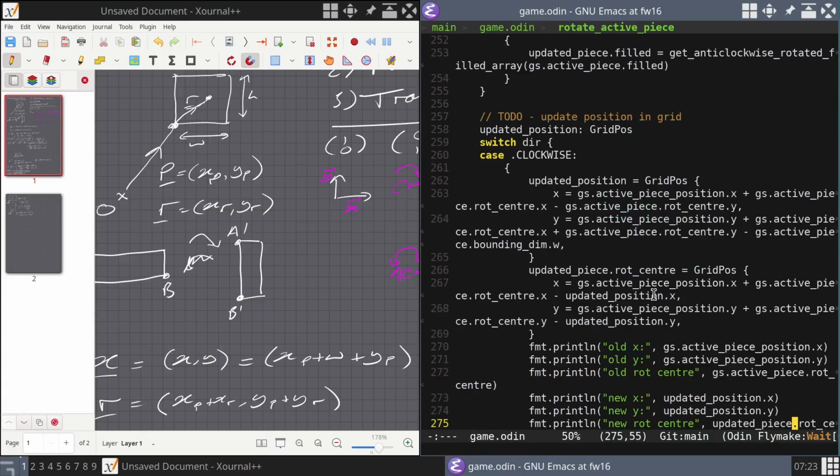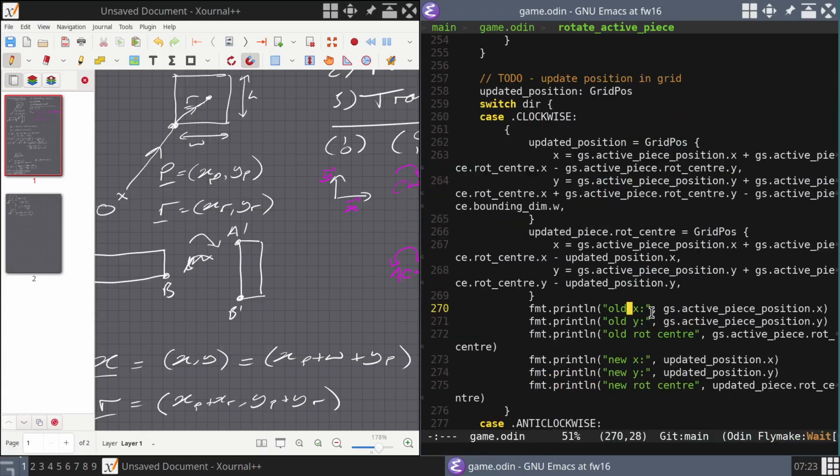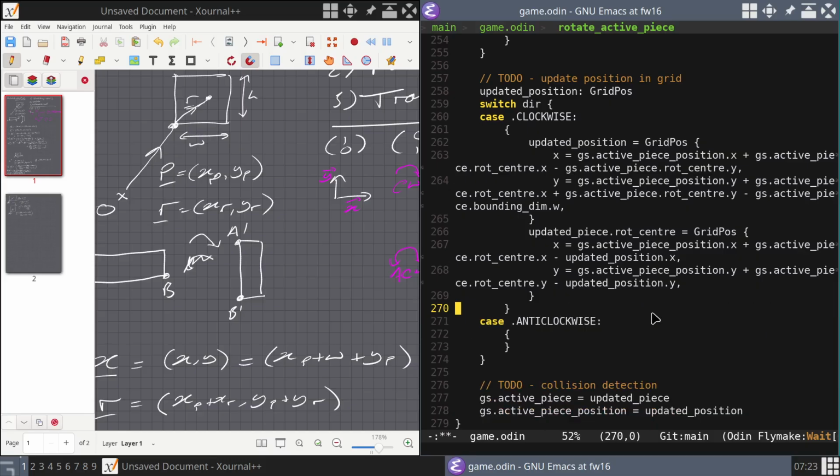So work's not done because we still need to do anti-clockwise and we need to do collision detection. But that seems like good progress. Now, I think the updated piece rot center is actually the same for both cases.